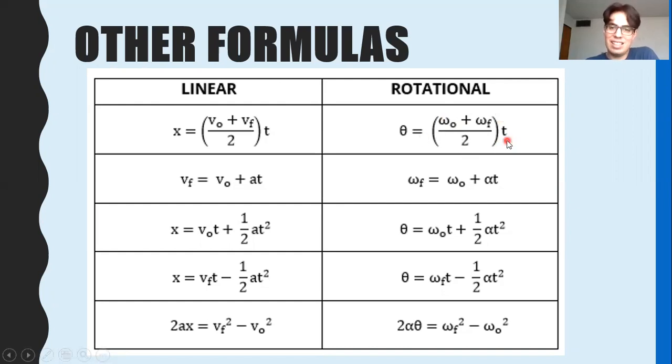We have final velocity, initial velocity, acceleration and time, and we have final angular velocity, initial angular velocity, angular acceleration and time. So all of these formulas are just the same as the other ones. The difference is just the letters you are using to express the variables, but they are almost the same.